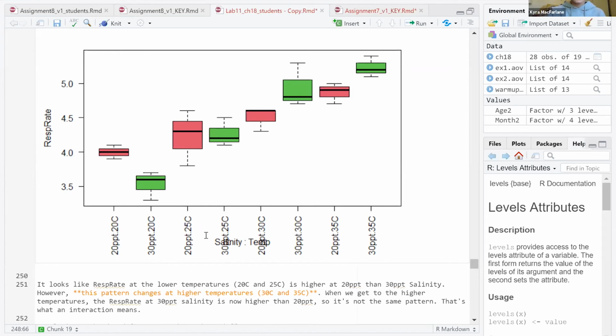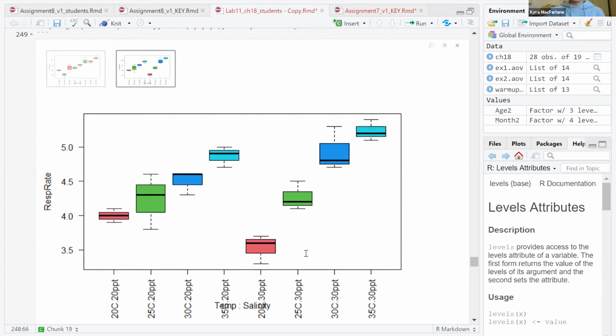At 25 degrees Celsius, it looks like they're about the same, but maybe 20 parts per thousand is a little bit higher than 30 parts per thousand. At 30 degrees Celsius, 20 parts per thousand is now lower. The respiration rate is lower than the 30 parts per thousand. And that pattern continues for 35 degrees Celsius. So that's what we mean there's an interaction. There's some switch, some changing in the patterns by factors.